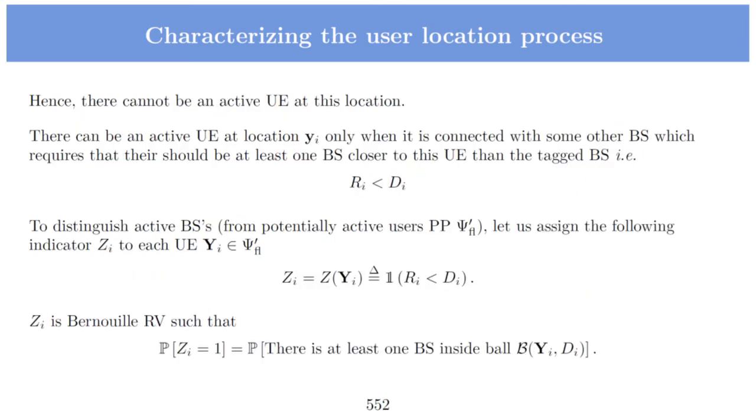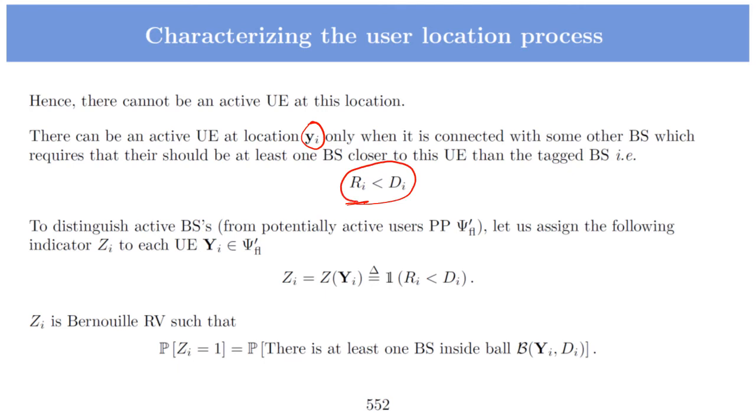So from this we get one condition: if you take any UE at yi, then Ri is the distance between this user and its serving base station. If that distance is less than the distance of this UE to the tagged base station, then it is fine, because then the serving base station is located closer to the UE than the tagged base station.